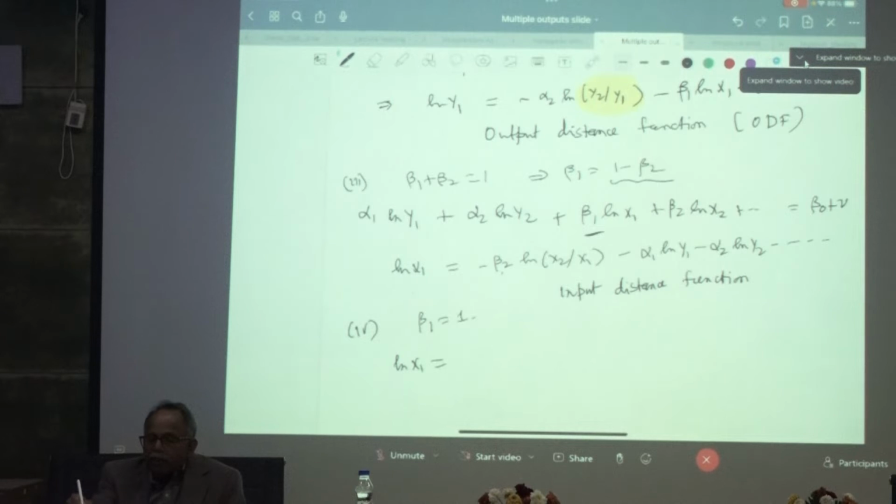So you will be getting, let's just say, minus beta 2 log of x2 minus alpha 1 log of y1 minus alpha 2 log of y2 and so on. So this is again sometimes called input requirement function.